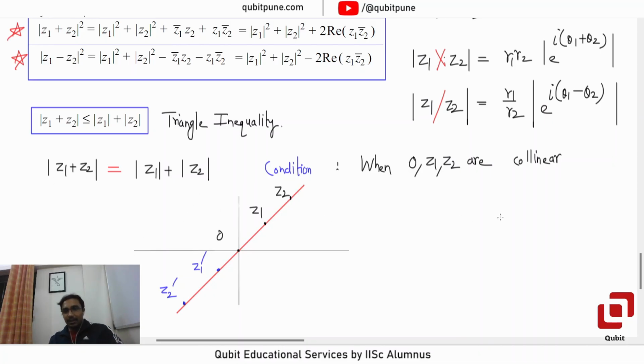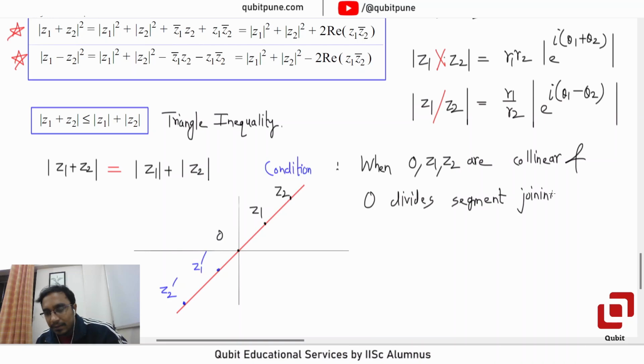So the equality holds when 0, z1, z2 are collinear and the origin does not divide the segment joining z1 and z2 internally, that is, it divides it externally. Do you get what I'm saying? Yes, that is important. That is called triangle inequality.